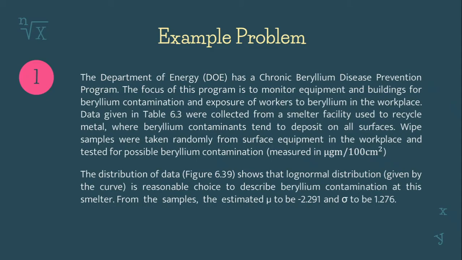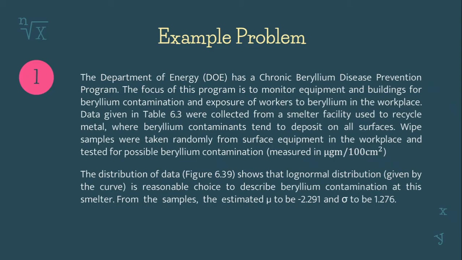Wipe samples were taken randomly from surface equipment in the workplace and tested for possible beryllium contamination, measured in microgram per 100 centimeters squared. The distribution of data shows that log-normal distribution is a reasonable choice to describe beryllium contamination at this smelter.